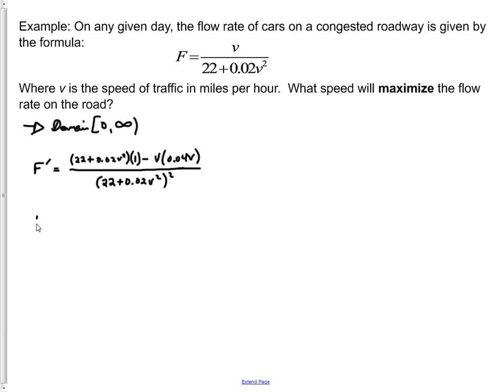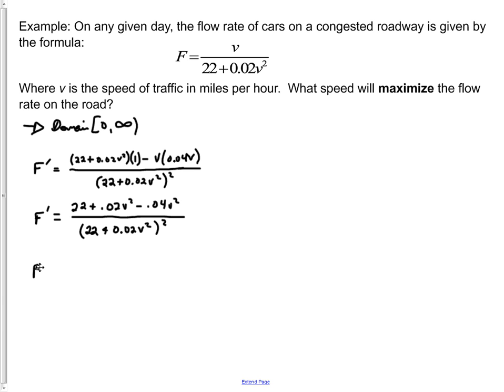So we just need to simplify that down. F prime is equal to, let's see, 22 plus 0.02 v squared minus 0.04 v squared divided by 22 plus 0.02 v squared, quantity squared.